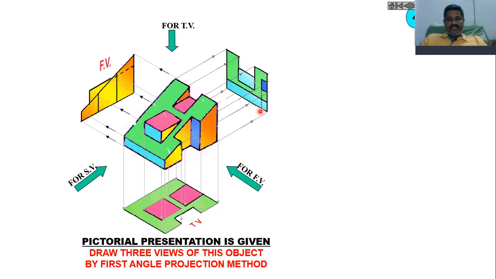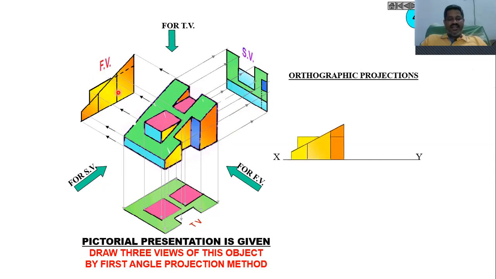Now let us draw all these projections. Draw an XY line first, and above the XY line represent this with length, width, and height of the given dimensions. Now project the lines from the front view like this. Project the lines and represent this shape exactly with the given dimensions by projecting the lines at the bottom.